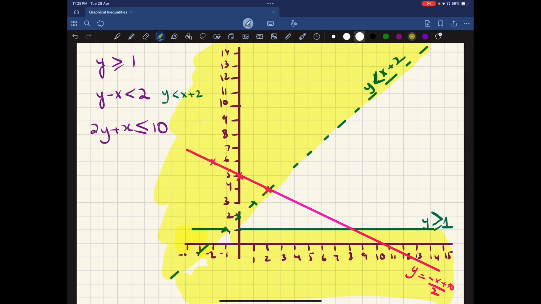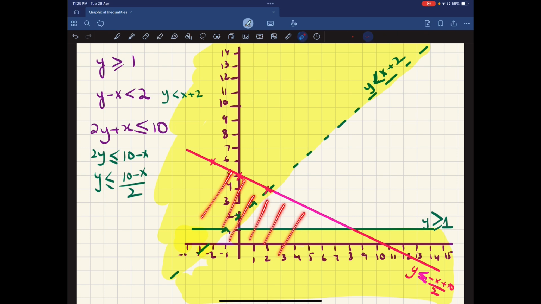Okay, last equation. So 2y is less than or equal to 10 minus x, so y is less than or equal to (10 minus x) over 2. What is the inequality? It's less than or equal to, right? Less than means the required region is below the line.